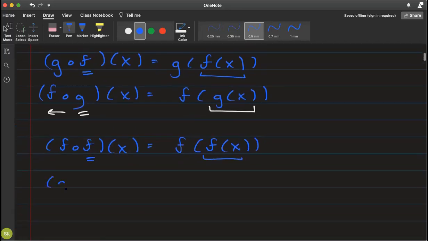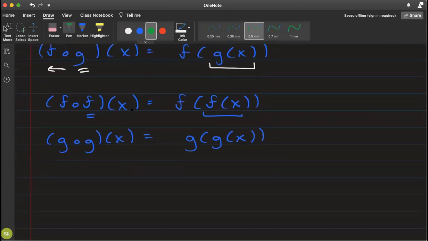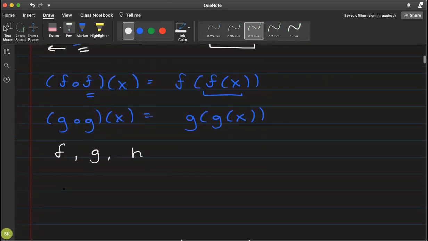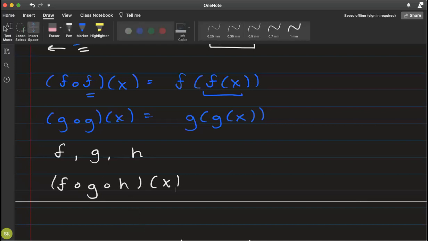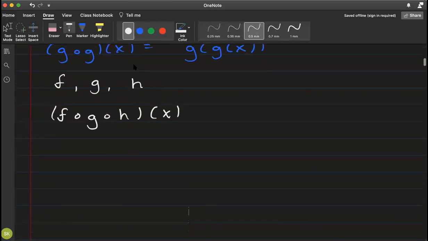And then we could talk about g composed of g of x, which is g with g plugged inside. We can even talk about more functions. So if we had the functions f, g, and h, then we could talk about f composed of g composed of h, things like that. Now, we're not going to go that far in this class, but it's something we could do.